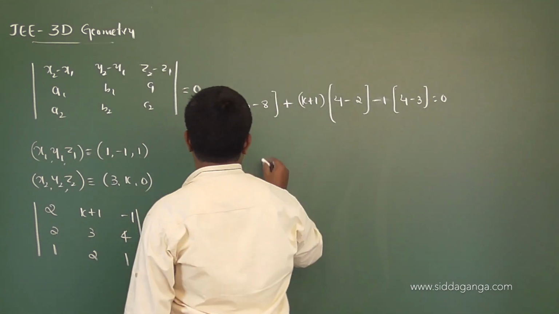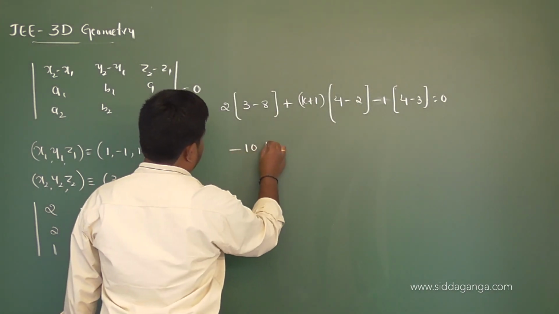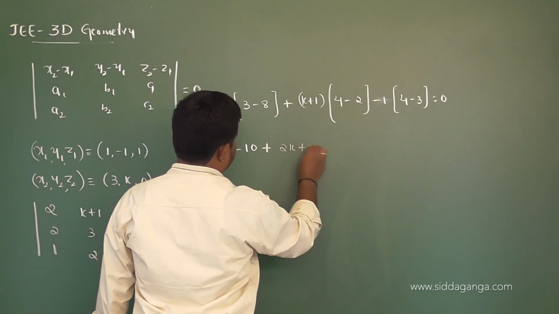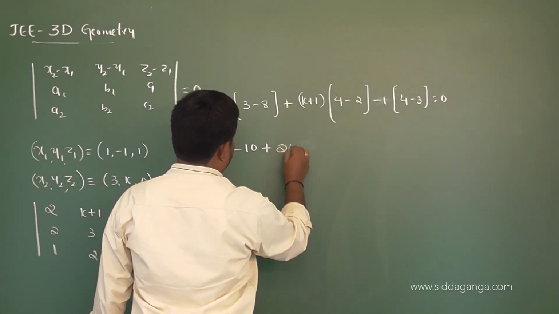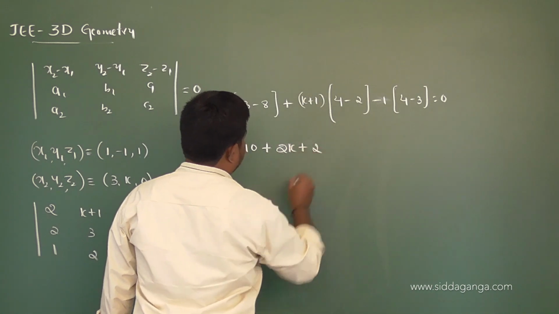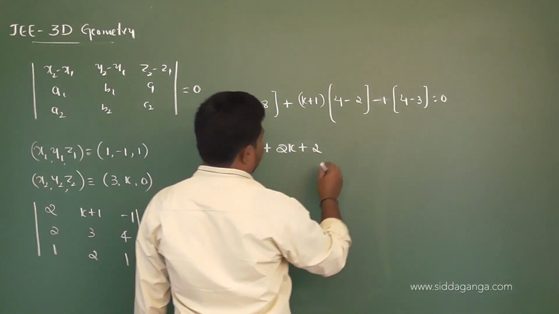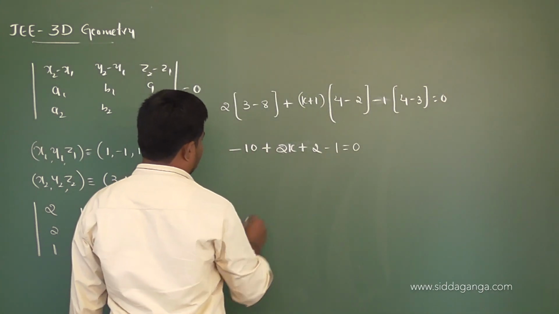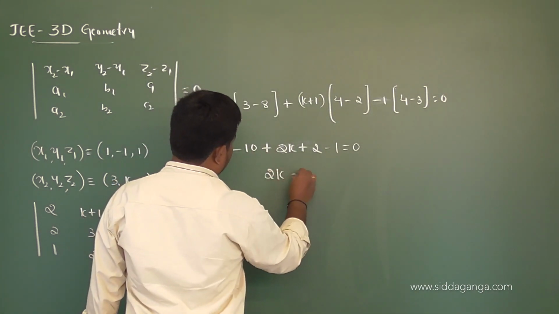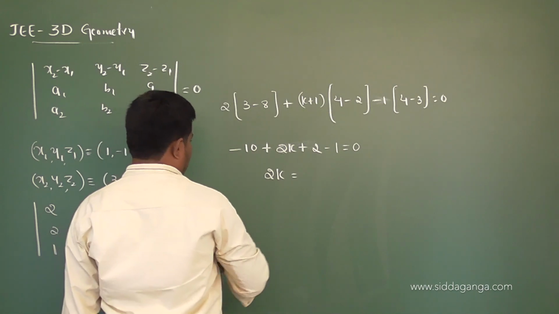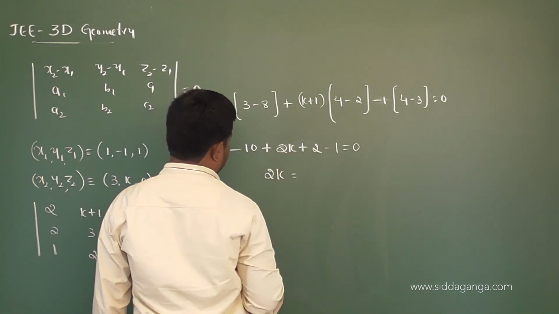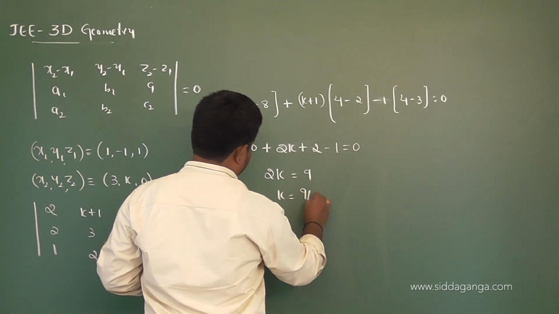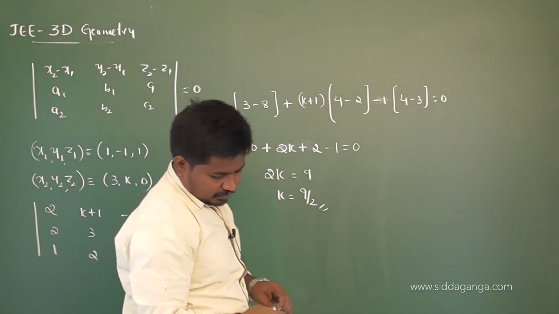Now you get minus 10 plus 2k plus 2, minus 1 equal to 0. It gives 2k equal to minus 11 plus 2, that is 9. So, k is equal to 9 by 2.